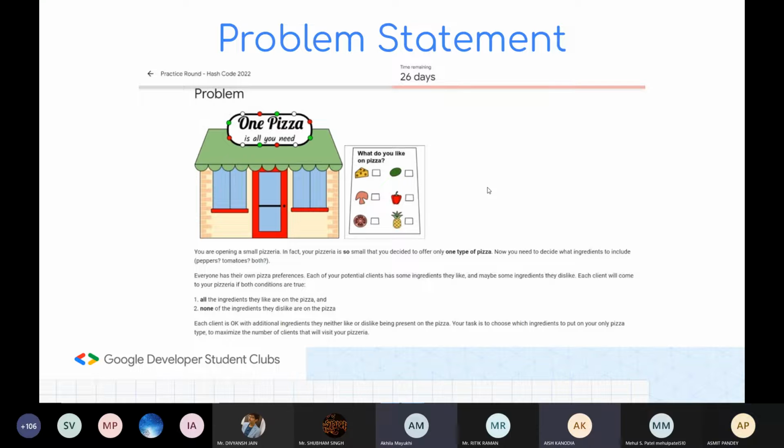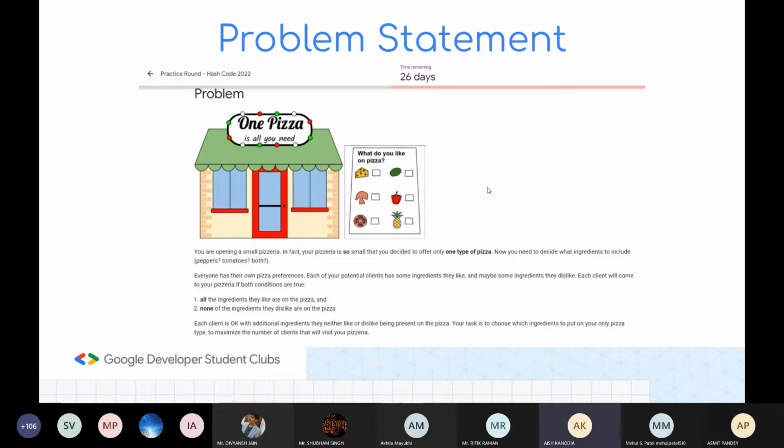And somebody has a preference like, I don't want pineapples on my pizza. Somebody else wants tomatoes compulsorily on their pizza. So we have to give pizzas to the maximum number of persons.